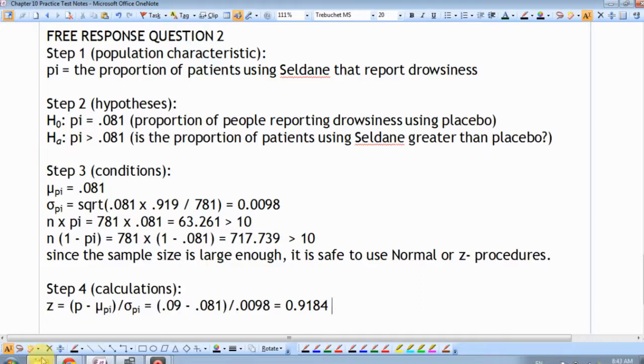Because remember, we're testing the Seldane patients, not the placebo patients. Okay, that's pretty good. 0.918, 0.92.